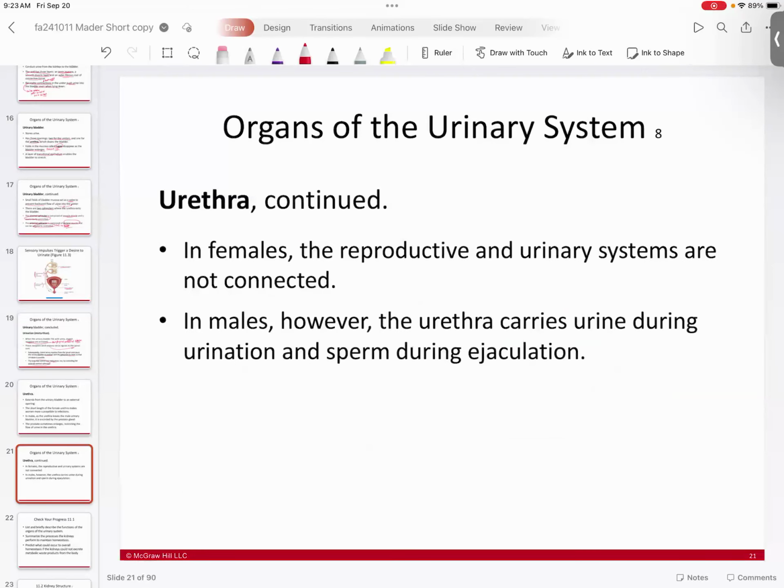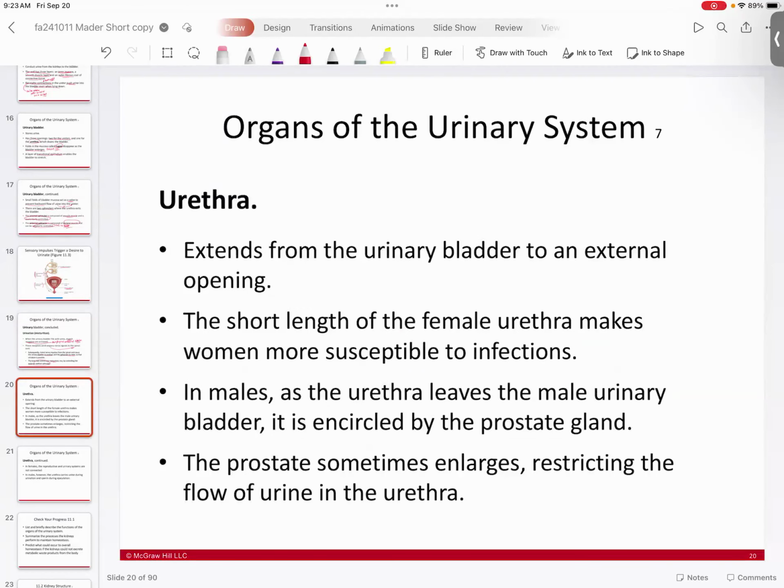Okay, so let's talk a little bit about the urethra. This goes from the bladder to the external opening. It's a short length in females. In males, it has to go all the way through the length of the penis to the end.